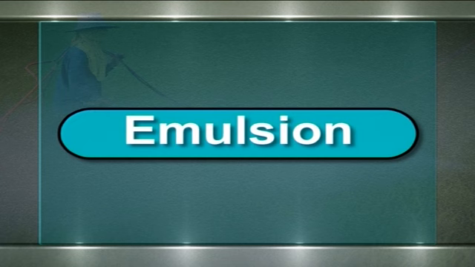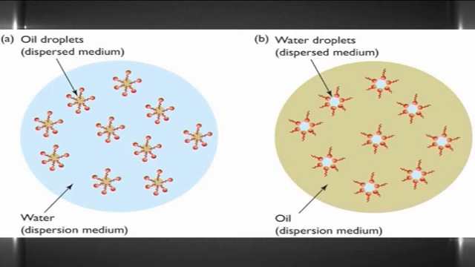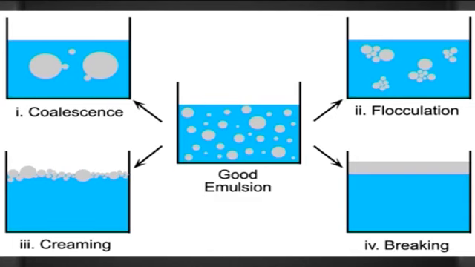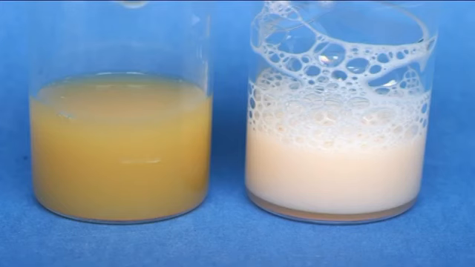Next is emulsion. An emulsion is a mixture that occurs when one liquid is dispersed in another liquid. Each liquid will retain its original identity and some degree of agitation generally is required to keep the emulsion from separating. Emulsions usually will have a milky appearance.